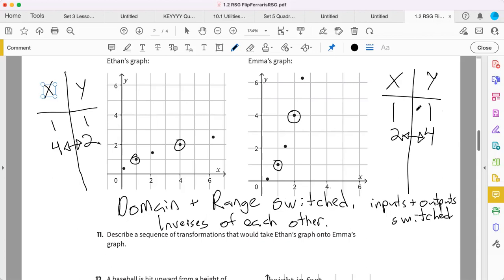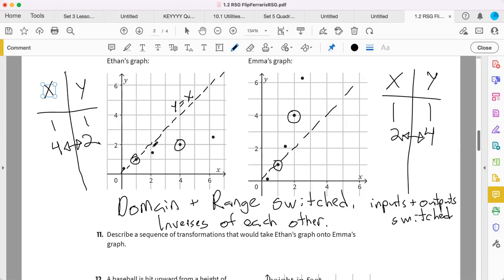Describe a sequence of transformations that would take Ethan's graph onto Emma's graph. We haven't seen this done too much in 1.1, and maybe in 1.2 we'll see it a little bit more. But a common feature of inverse functions is that if you reflect them over this line that I just drew, y equals x, and maybe this might be something that you test run, double check that this works.